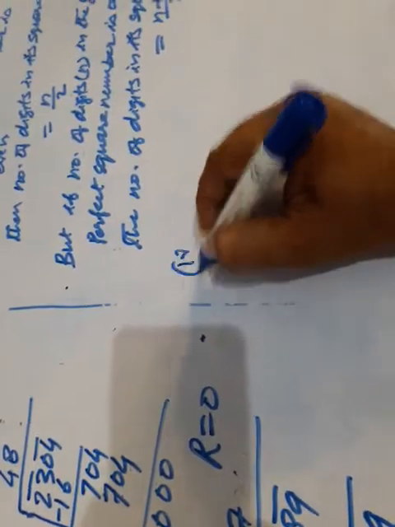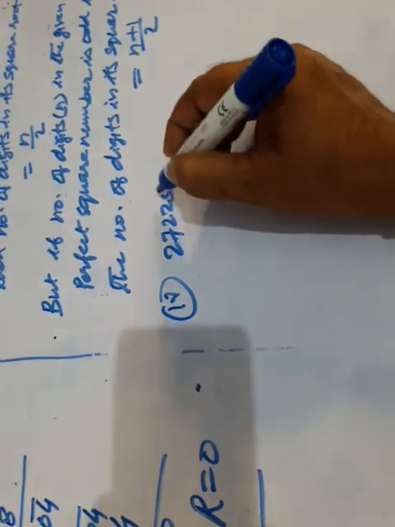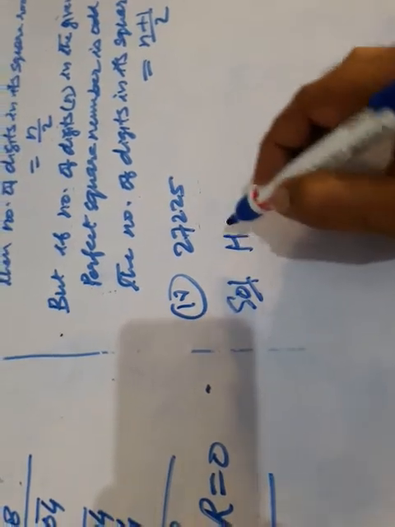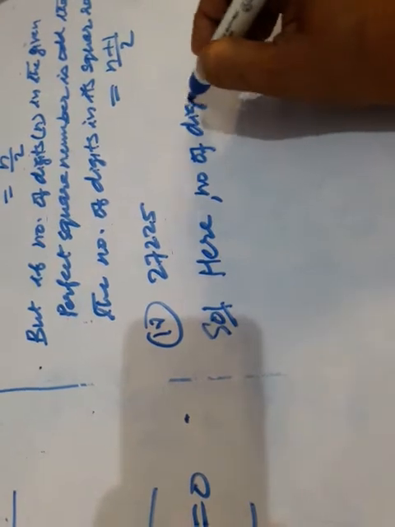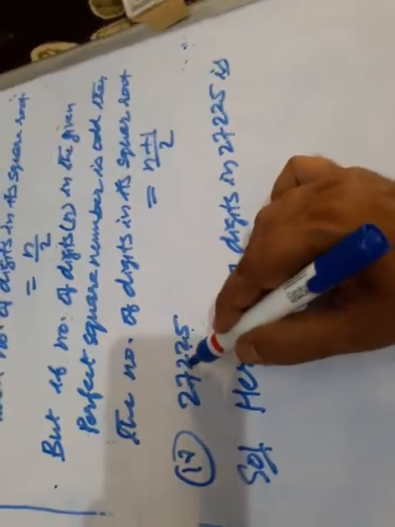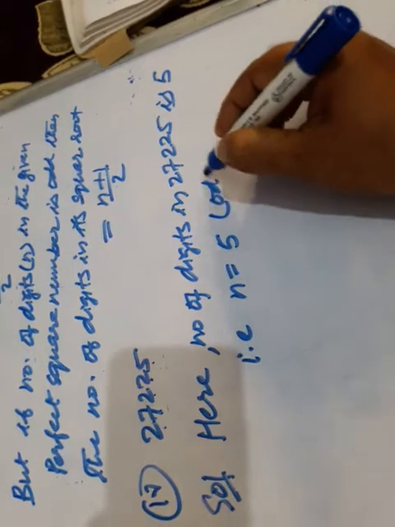Now the fourth part is 27,225. Okay children, how to start solving? Here the number of digits in 27,225 is 1 2 3 4 5, that is 5. That is n equal to 5, which is an odd number.